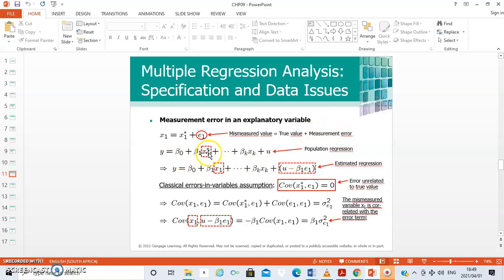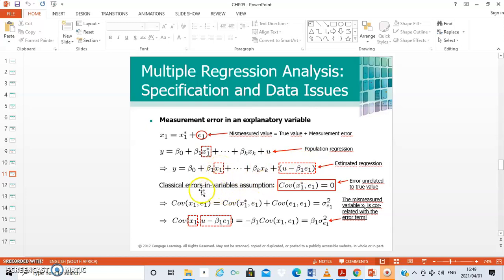If this is our population regression, remember that x is one of the regressors. Then this estimated x will have problems, and our error term will also have some mismeasurement because of the measurement error in the independent variable.